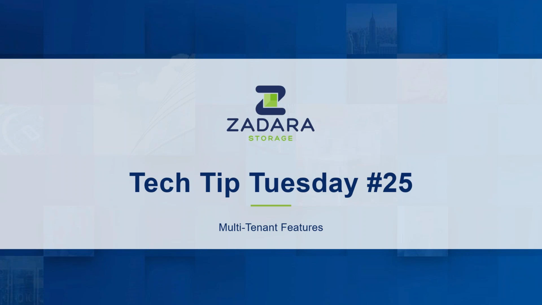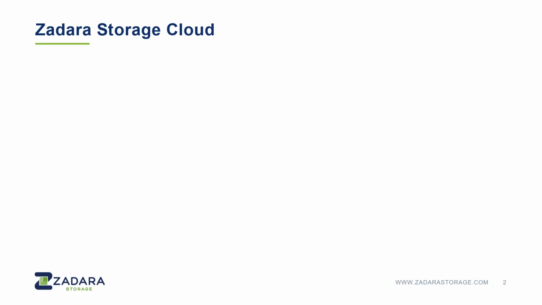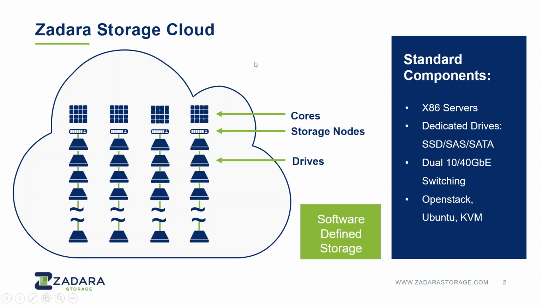Well, hello everyone. Today we're going to talk about some of our multi-tenant features and how they help your VPSA perform at the best performance depending on how you configure it. So if you look at our cloud here, basically when you have our cloud, or this could be even on-premise, it's composed of standard components.